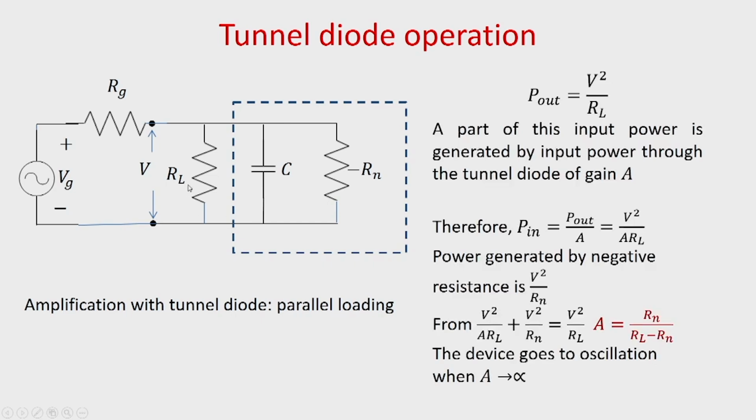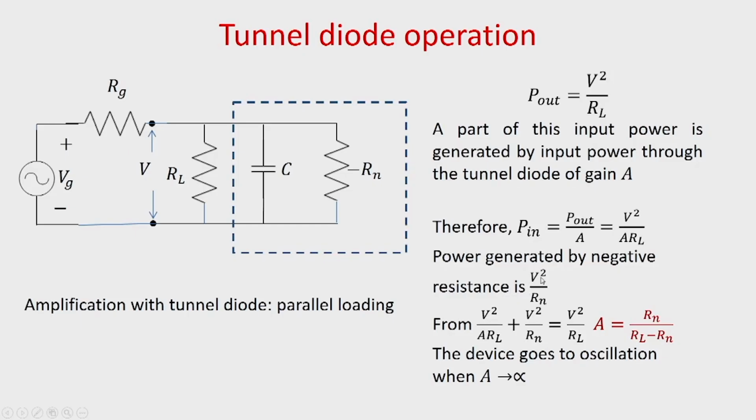Now, given that P out is equal to V square by R L, and if A is the tunnel diode gain, then we can write P in to be V square by R L into A, and also this being a negative resistance device, it will generate power.